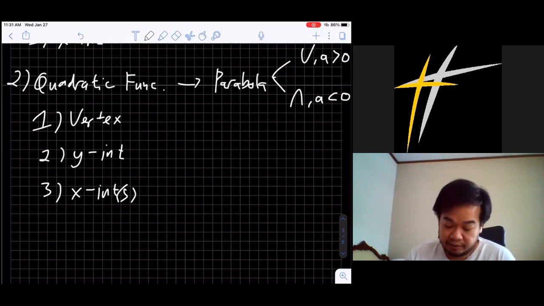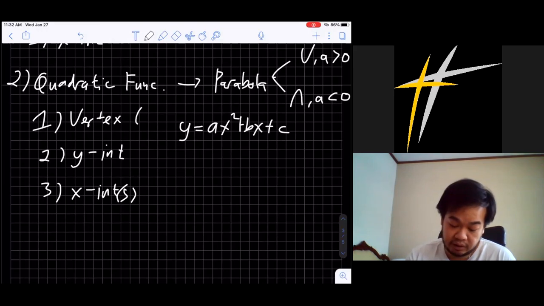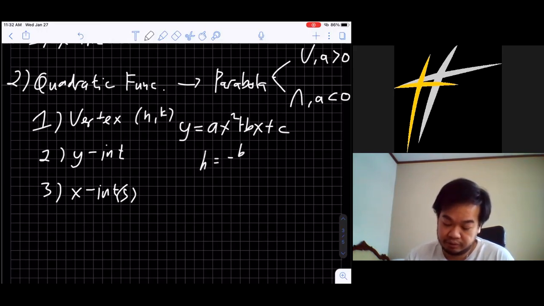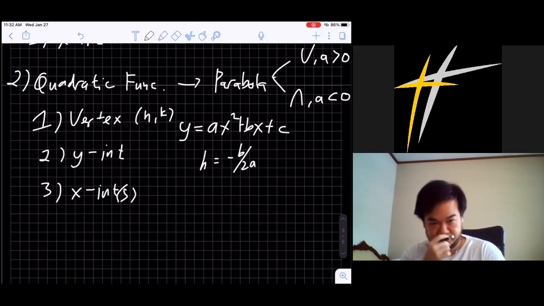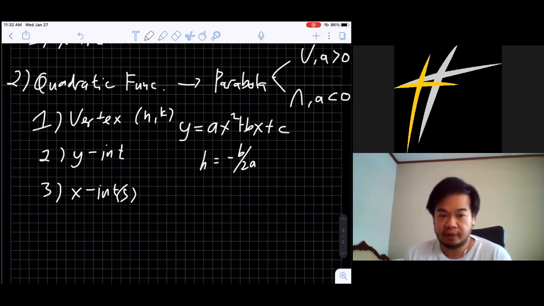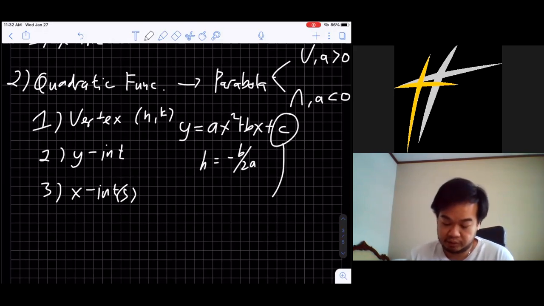If your function is y equals ax squared plus bx plus c, remember the vertex is h comma k, where h is negative b over 2a. The x-intercepts you can find with factoring or the quadratic formula, and the y-intercept is actually the value of c.